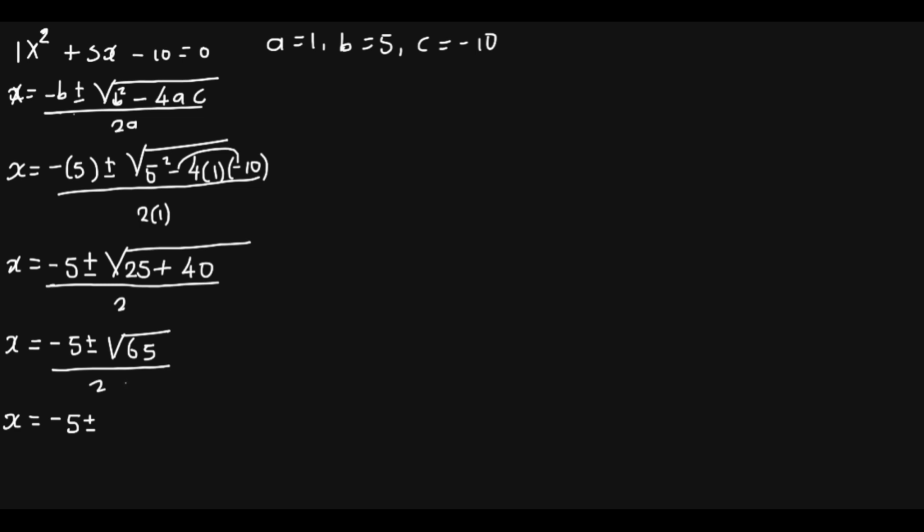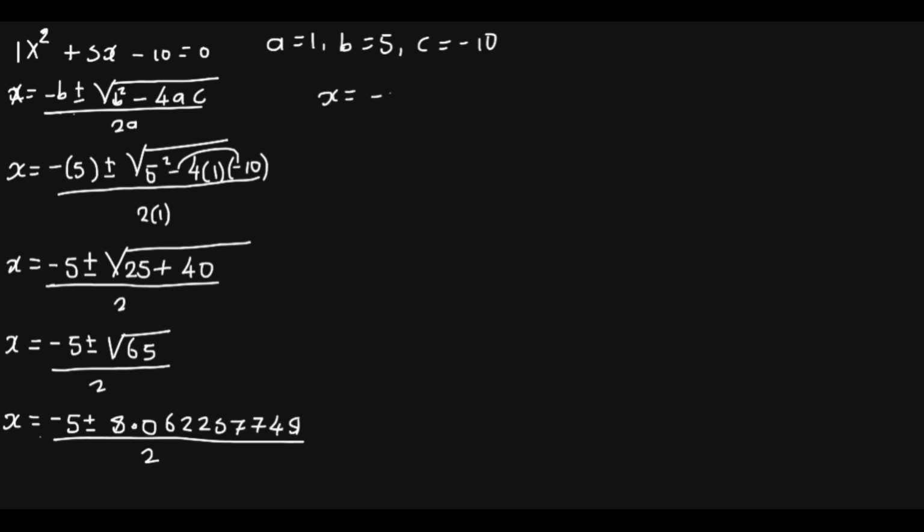So the square root of 65, on my calculator, is giving me 8.0622577748, divided by 2. So you can round your solutions when you are done. So now we need to separate.